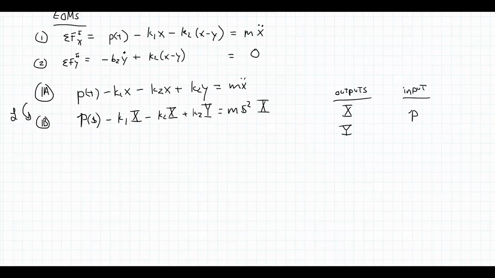Now the rule is going to be, I am looking for as many outputs as I have equations. Right now 1b is my only equation in the s domain at the moment. 2 will get there, but 1b is my one unique equation, but I have 2 outputs. Because remember, where do I want to go? I want to find x over p. And the rule is for a transfer function that the right-hand side can only have things with s on the top and on the bottom.